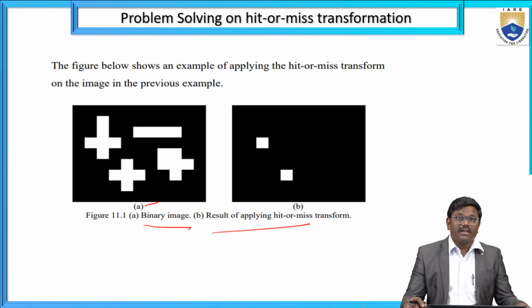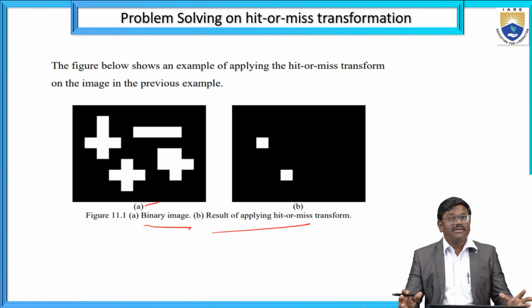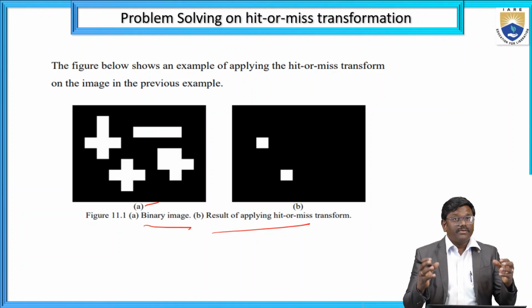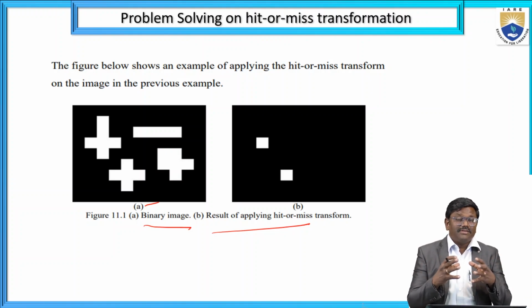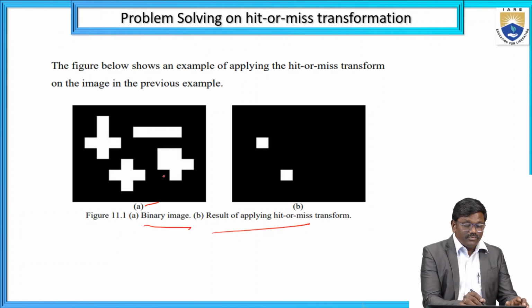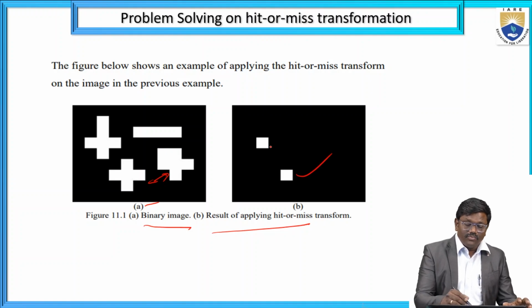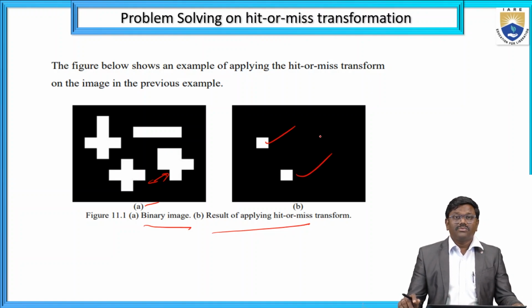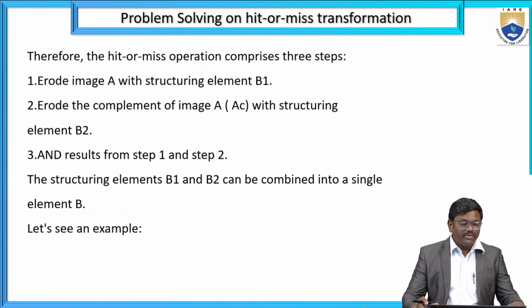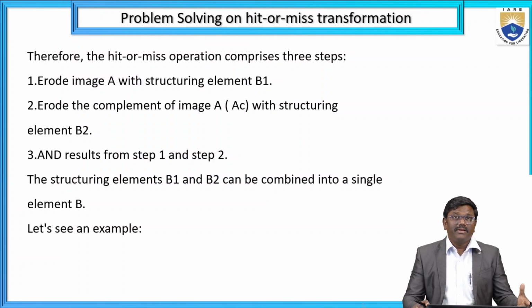So you can see which part is matching and which part is not matching. The non-matching pixels become zero because they are background. The part of the image that matches, the pixels where the transformation between these two match, that part alone will be one. So that is the example which will help in explaining the solution.